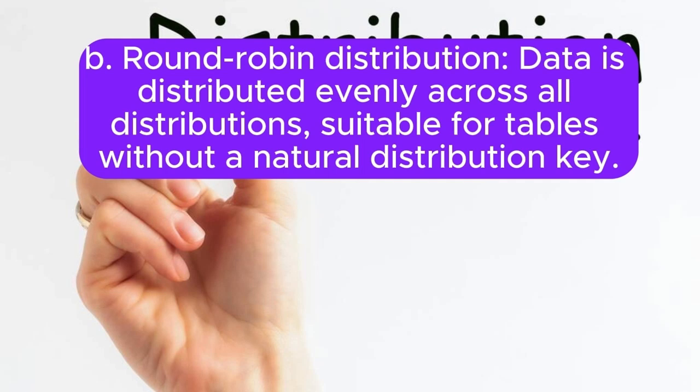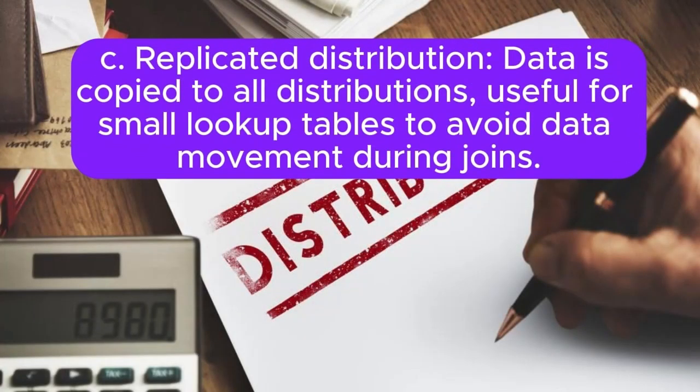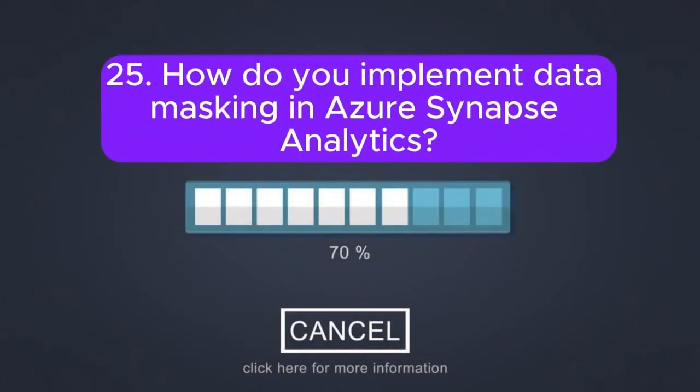Data is distributed evenly across all distributions, suitable for tables without a natural distribution key. C. Replicated distribution. Data is copied to all distributions, useful for small lookup tables to avoid data movement during joins.